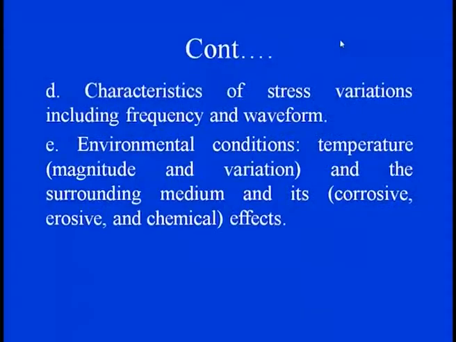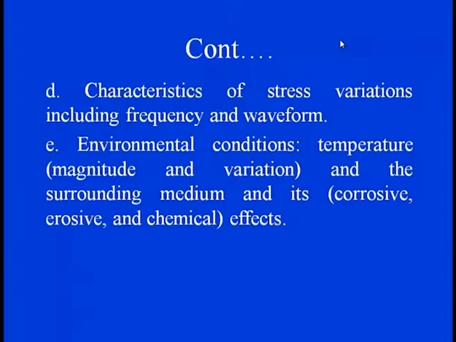And in service conditions, there are also environmental conditions like temperature variation, not only from day to night, but also the moisture conditions along with this.